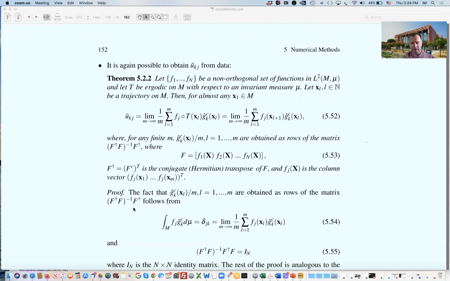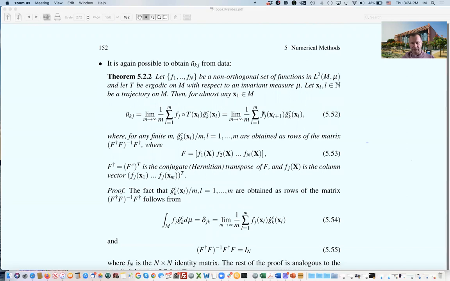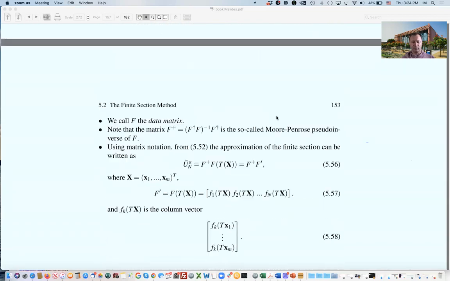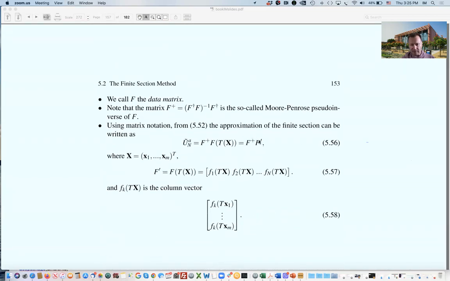So the only difference here and in the formula that I have next is that the fj's are evaluated at the next point, right? So this is this F prime. So F of T of x, that's x plus 1, is denoted by F prime. So F prime is the data matrix at the next step. And the finite section is obtained as the Moore-Penrose pseudo-inverse acting on F prime.